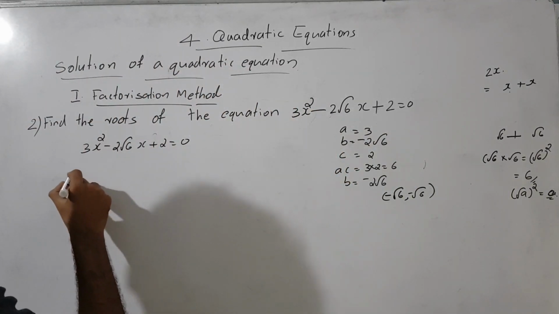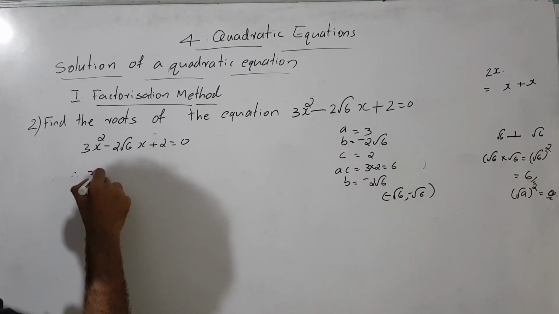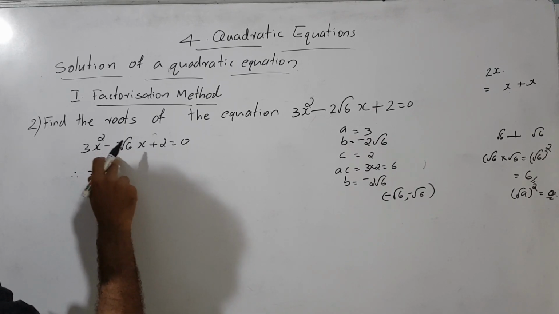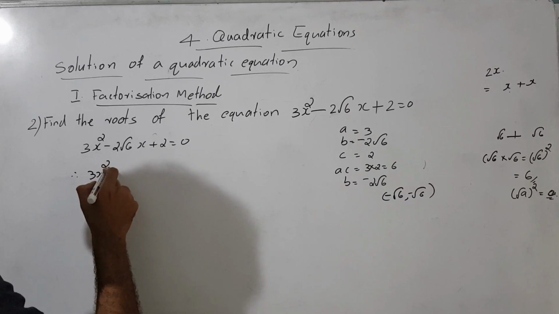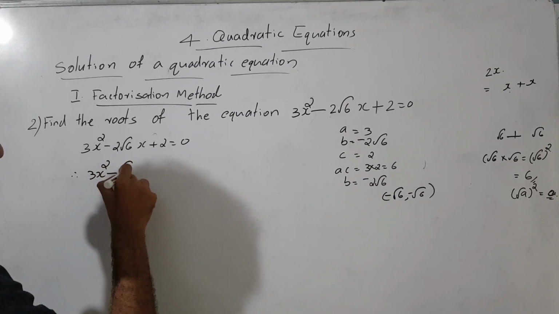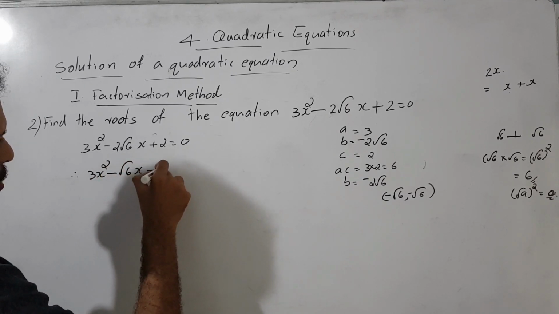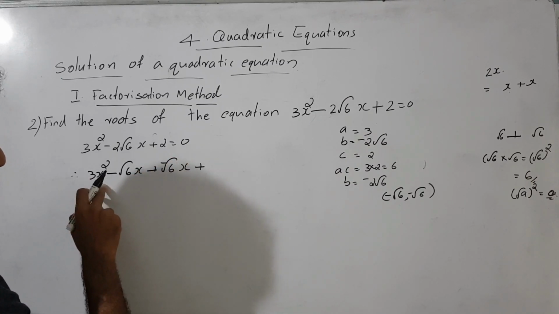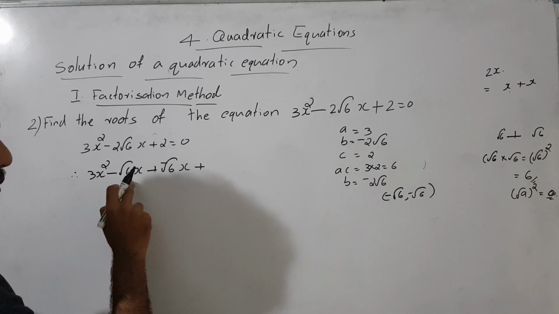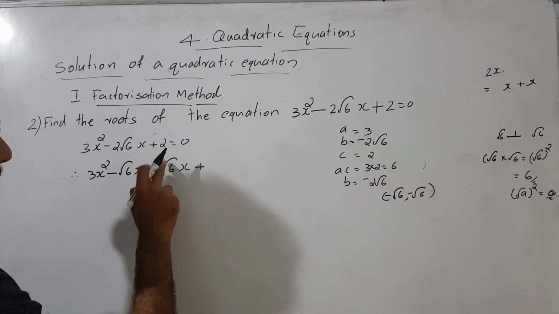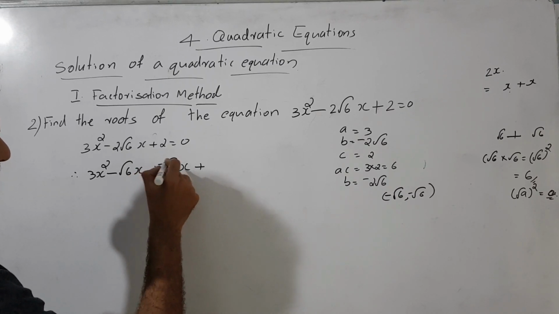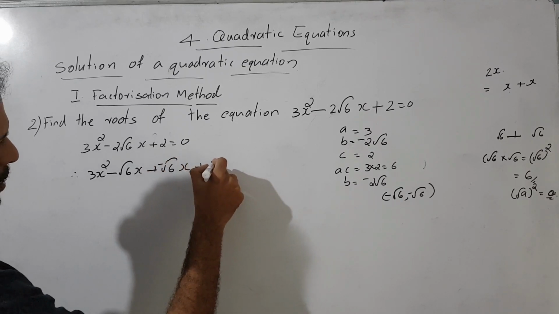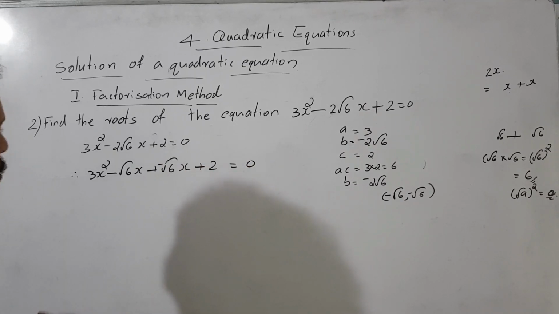3x square. Then how do we split the minus 2√6x? This is the sum of minus √6x and minus √6x. So 3x square minus √6x minus √6x plus 2 is equal to 0.